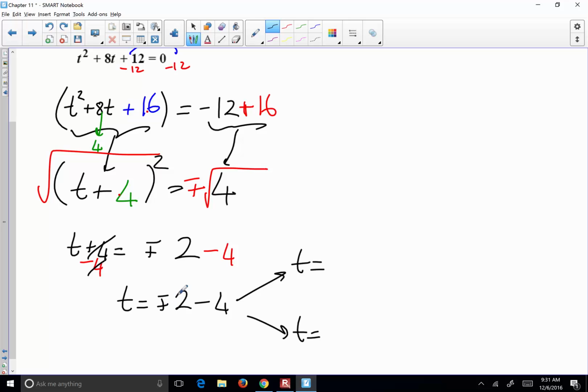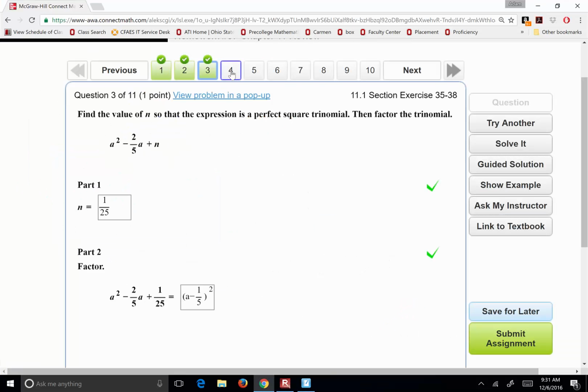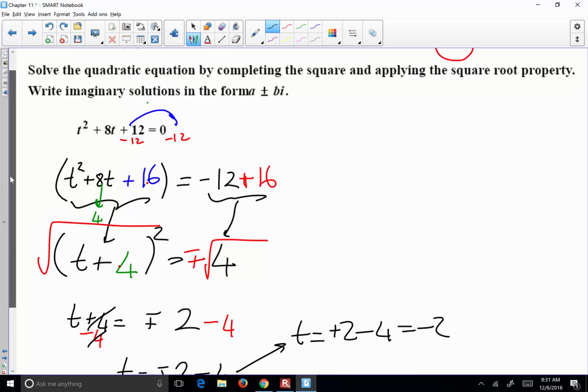First step, you take the positive sign and compute it. Second, take the negative sign and compute it. And you get 2 solutions, minus 2 and minus 6. Then I take the positive option first, negative option next, and get minus 2 and minus 6. Everything clear here?